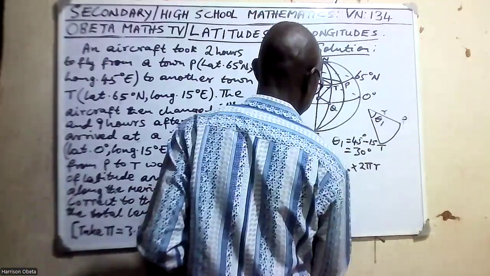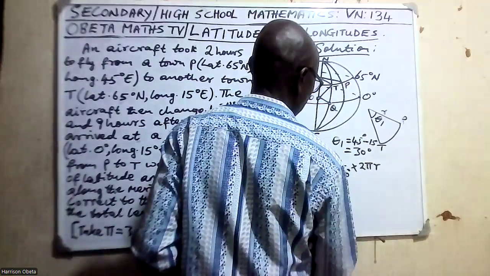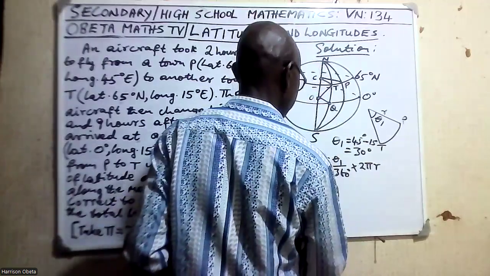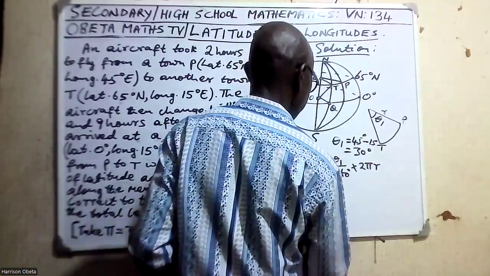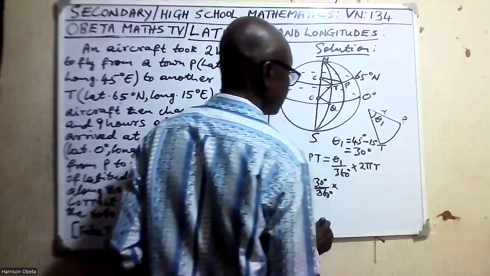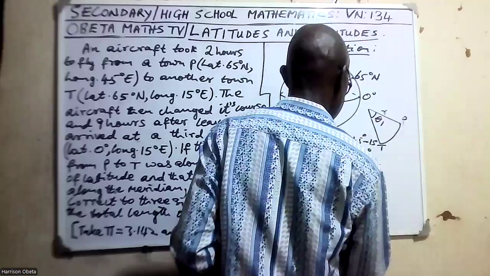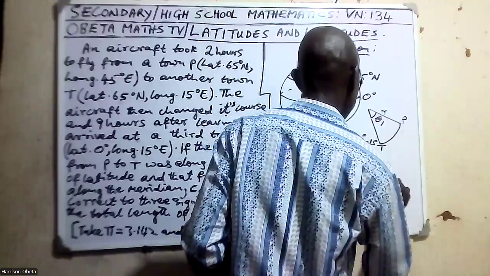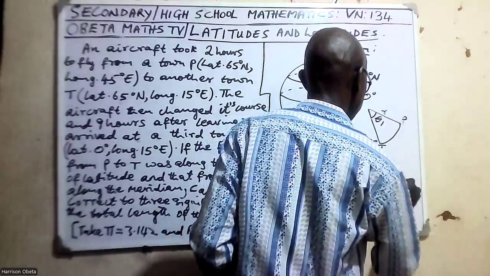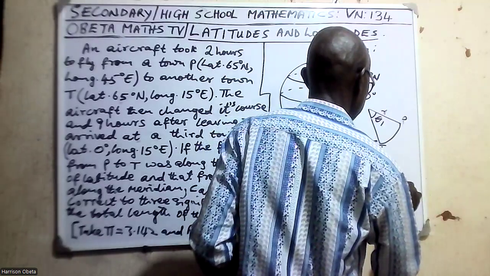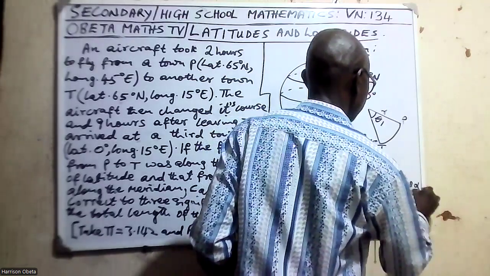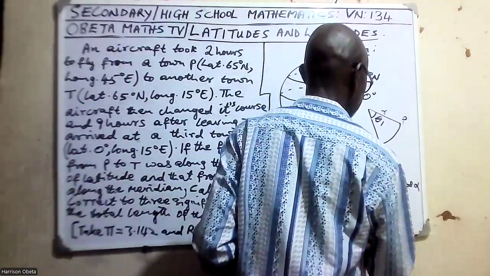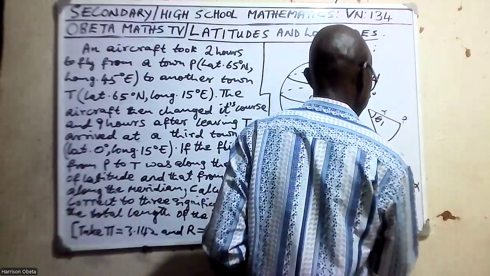And that will give us theta 1 over 360, or we just put the value we already know, that's 30 over 360 times 2 times 3.142 multiplied by 6,400 cos alpha. Or we can write it as r cos alpha, okay?